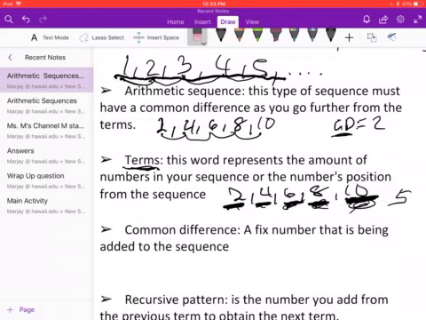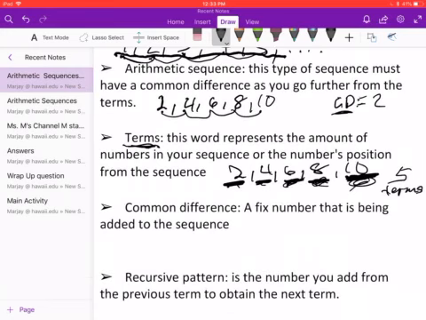Okay, now let's move on to common differences. Again, we talked about this earlier when we were talking about the fixed number that is being added from the warm-up.